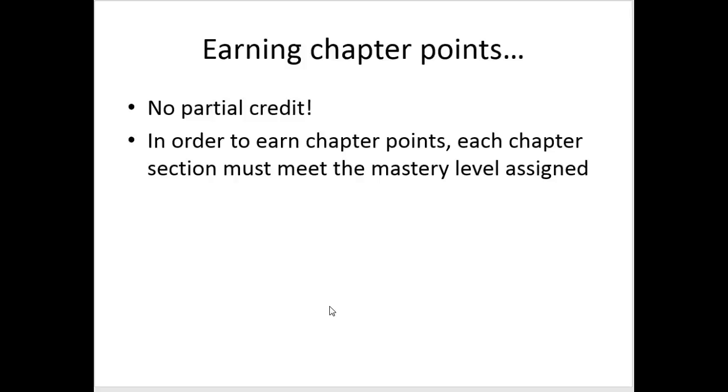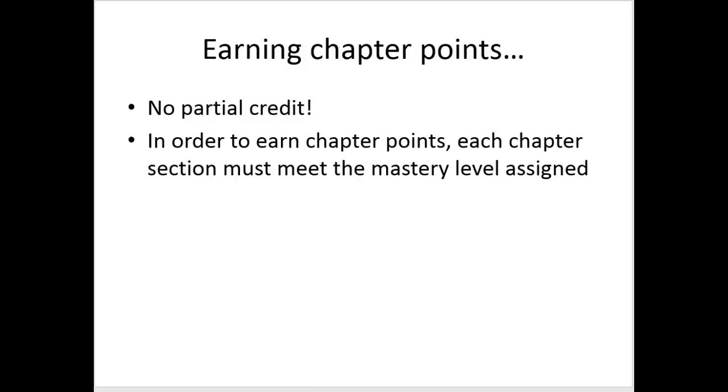Well, because there is no partial credit. The syllabus states that in order to earn chapter points, each section has to reach the required mastery level. And that is the standard. So again, no partial credit is available. In order to earn chapter points, every chapter section must meet the mastery level assigned.